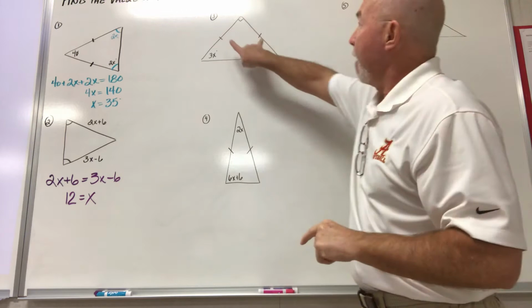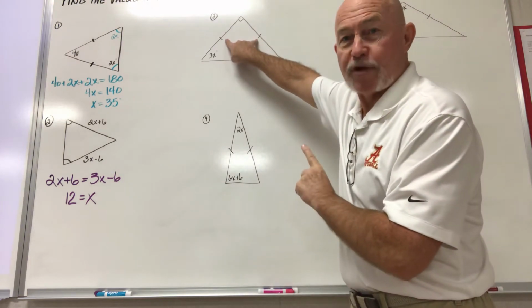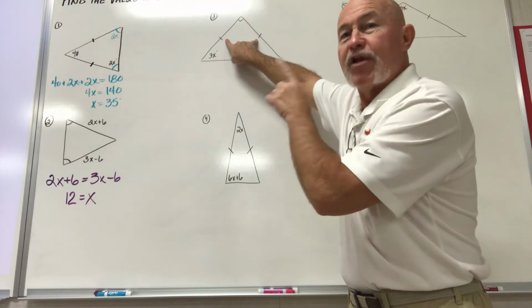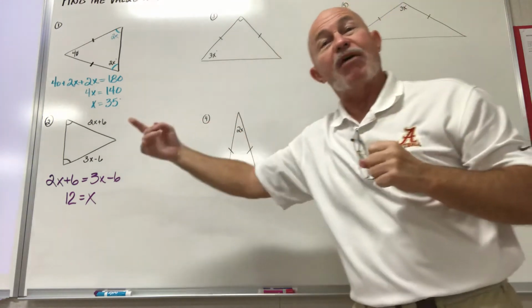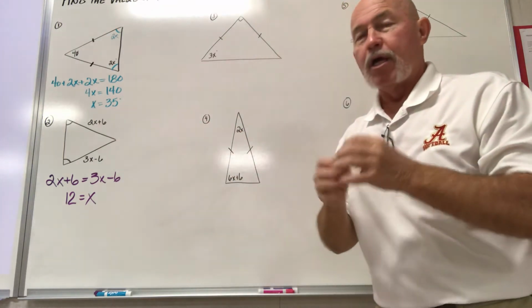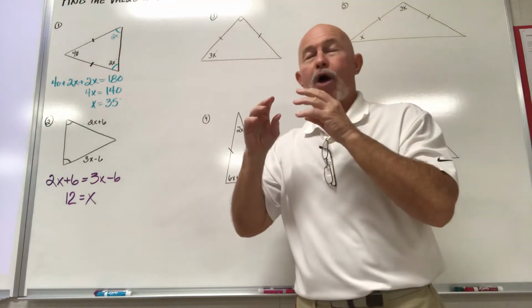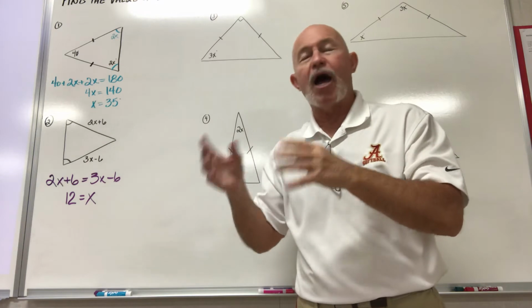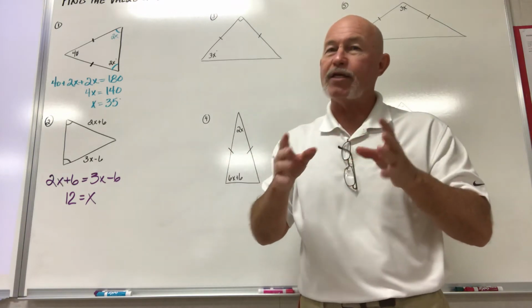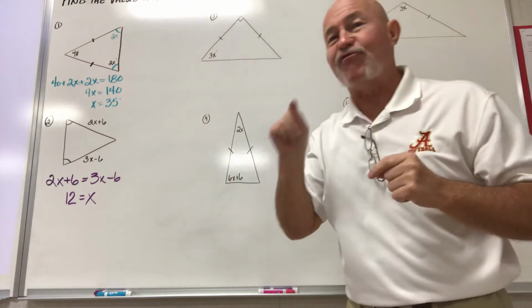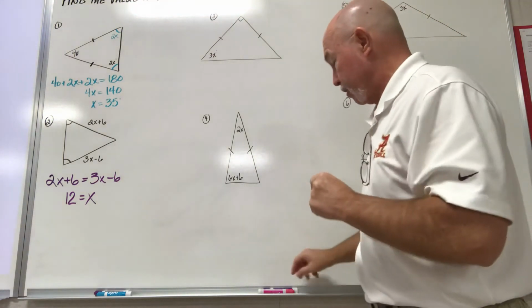Now, because these sides are equal, the legs are equal. The legs are also the legs of the right triangle. This is a special right triangle. It is an isosceles right triangle. That means each of these angles is 45 degrees.